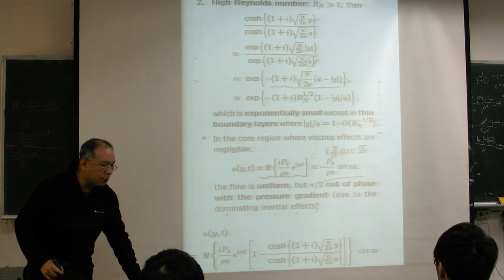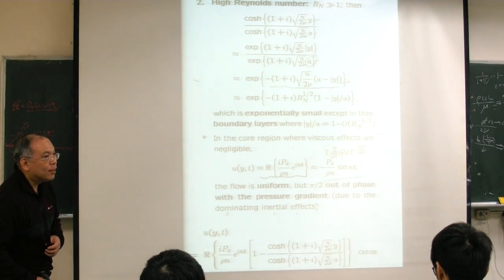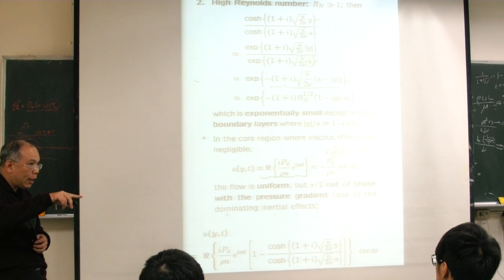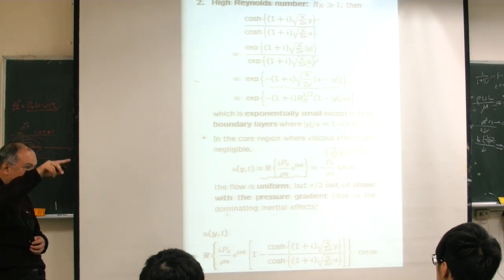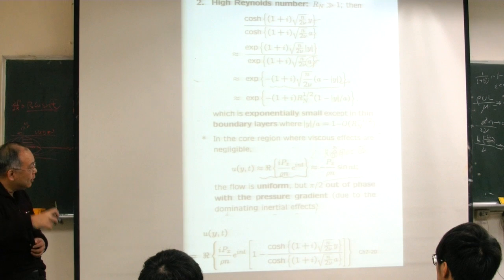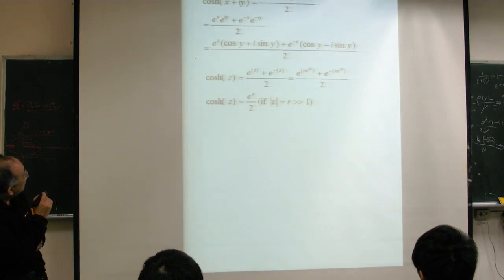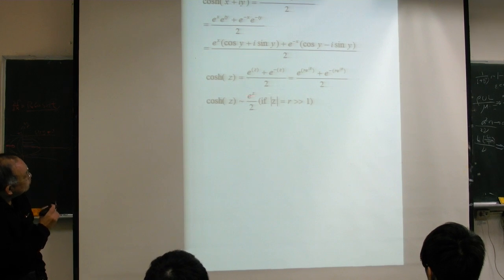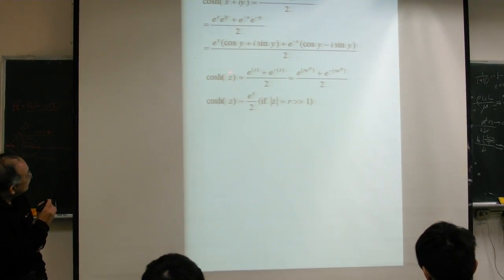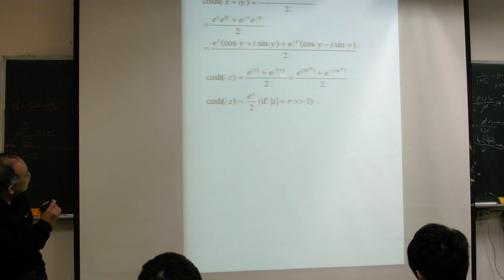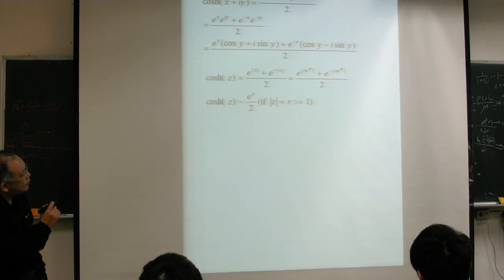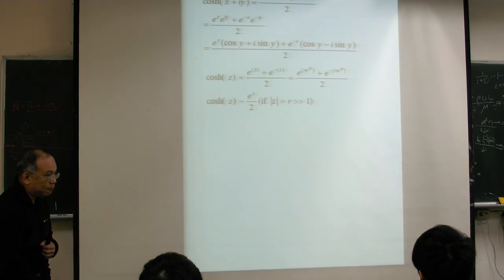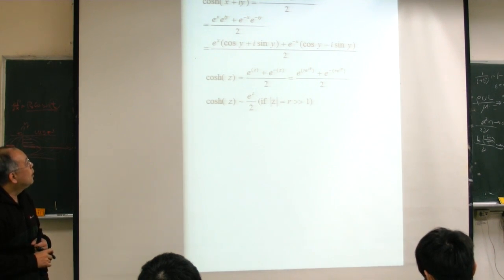What's the definition of the hyperbolic cosine function? If you remember, it is one half of exponential x plus exponential minus x, right? The hyperbolic cosine of z is equal to one half of exponential z plus exponential minus z. That's the definition of the hyperbolic cosine function.